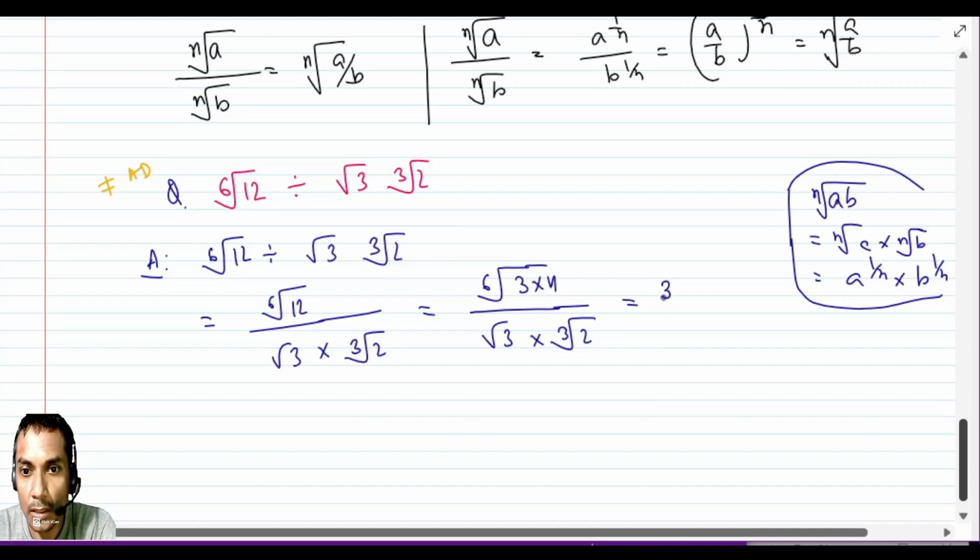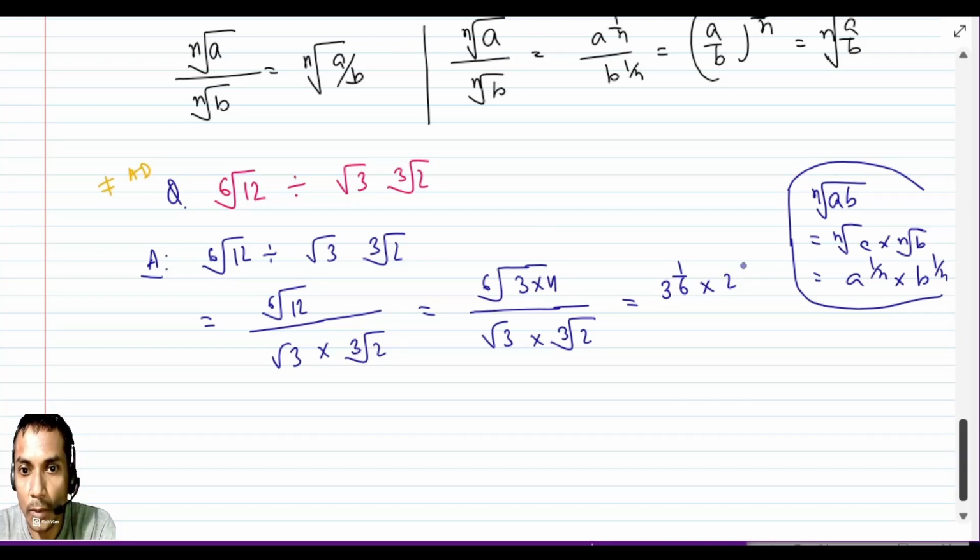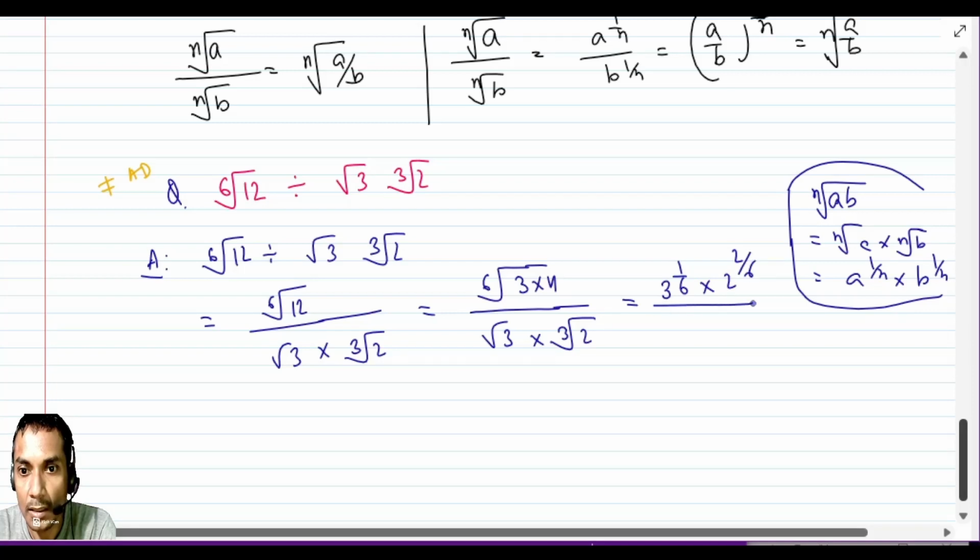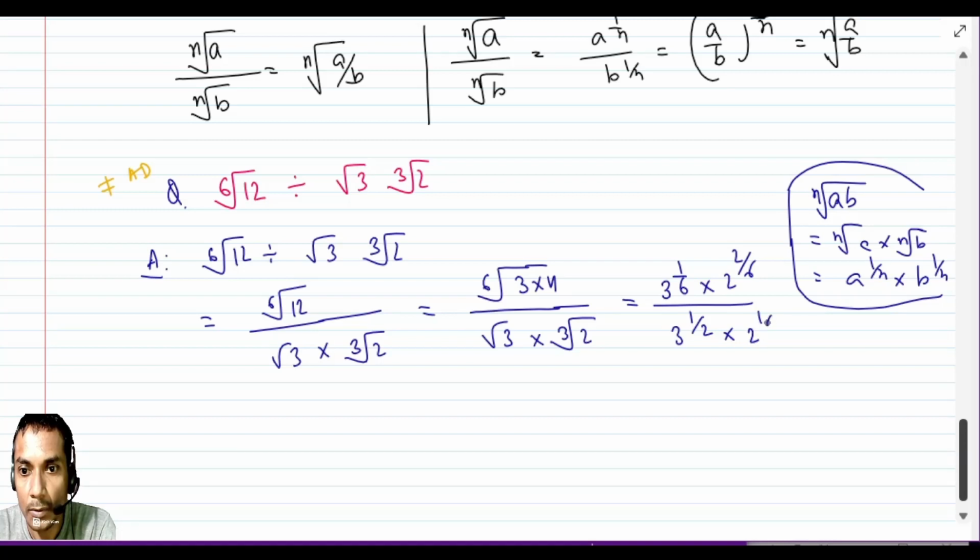So this is to the power 1 by 6, directly you can write, and here it is 2 square, 2 by 6. Clear? And here it is 1 by 2 and 1 by 3.